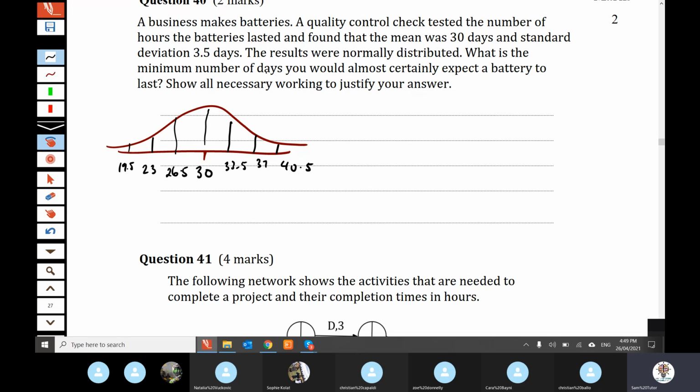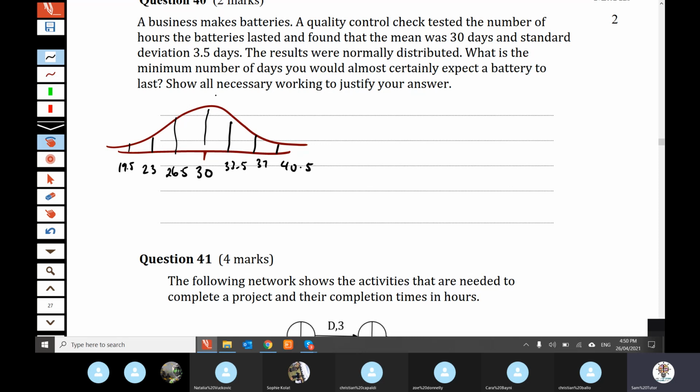What is the minimum number of days you would almost certainly expect a battery to last? I've got to read the whole thing again. A business makes batteries. A quality control check tested the number of hours a battery lasts and found that the average was 30 days and standard deviation was 3.5. The results were normal.